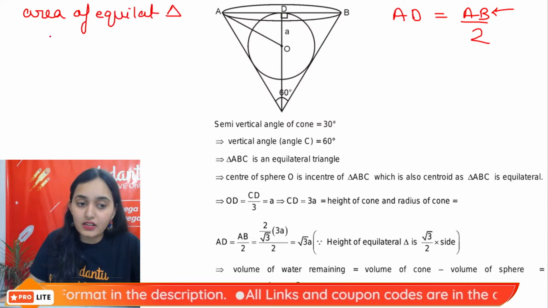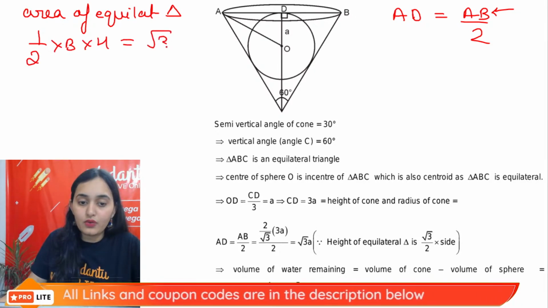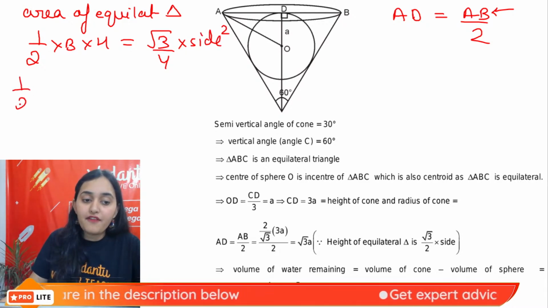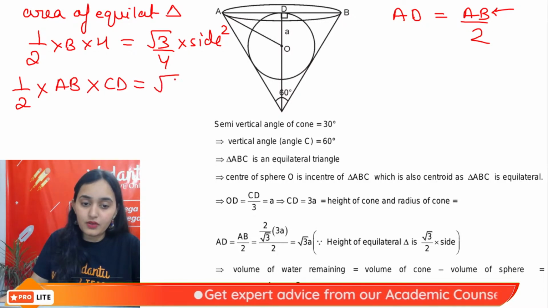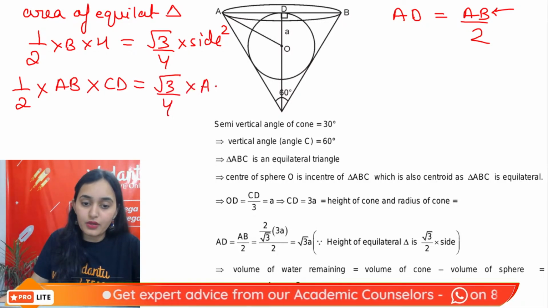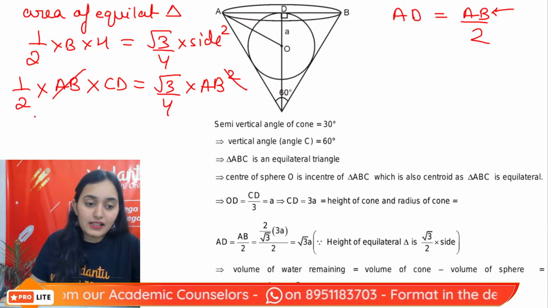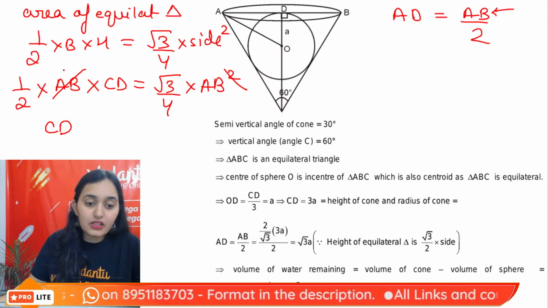What is the area of equilateral triangle? Half of base into height will be equal to root 3 by 4 into side square. Half of base is AB, height is CD is equal to root 3 by 4 into AB ka square. So AB cancel. We will get CD. CD is how much? 3A.